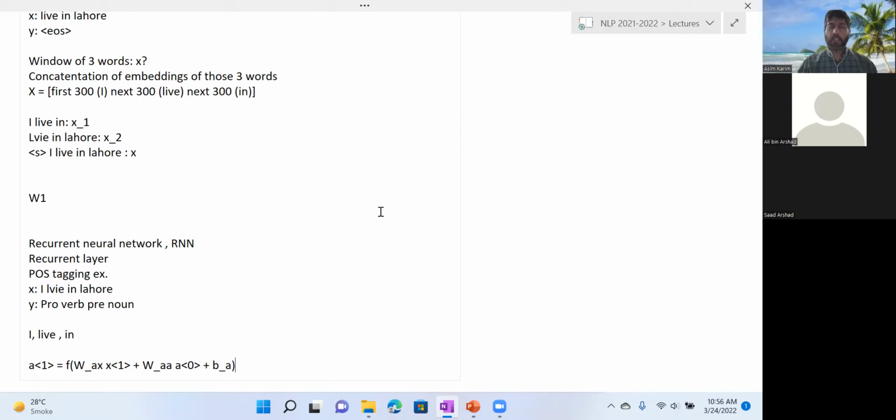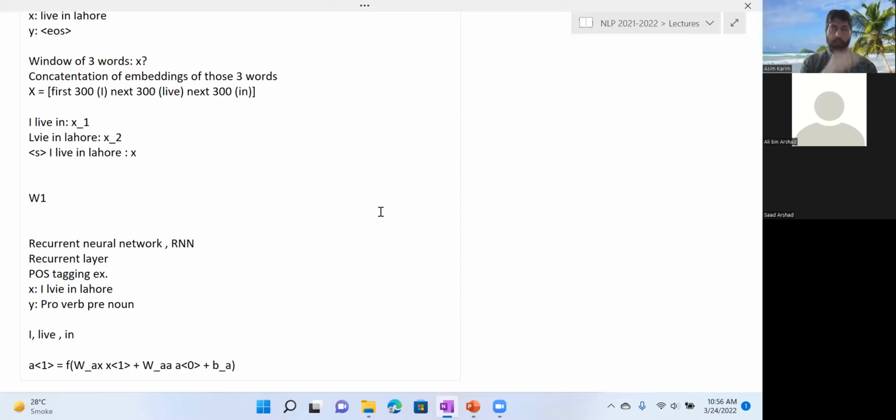So this is the recurrent equation. If you relate it with the standard feed-forward layer, you did not have that part, WAA multiplied by the vector A from the previous iteration. That's the only difference.